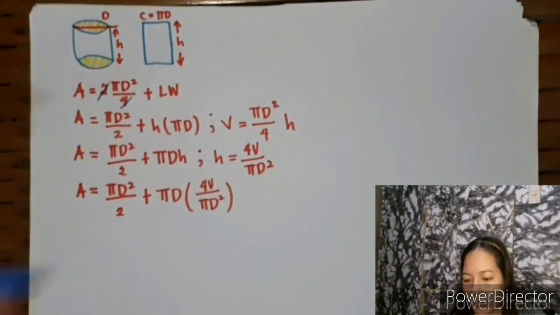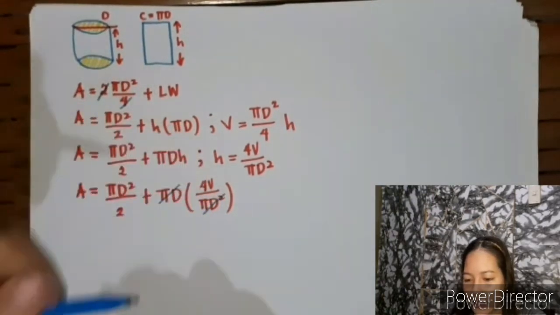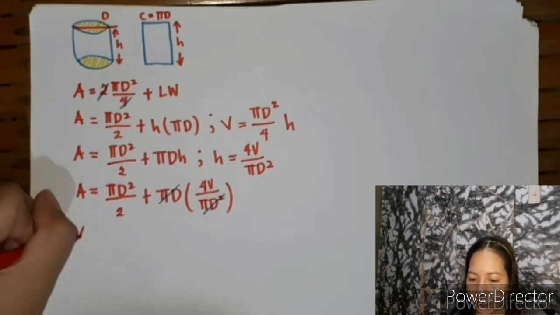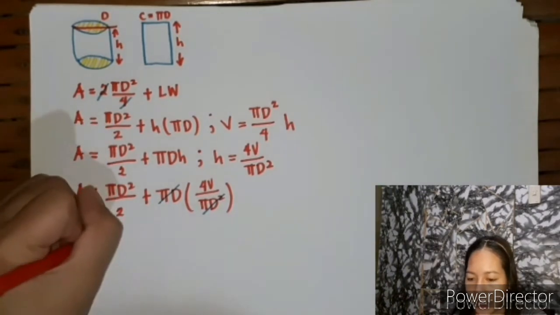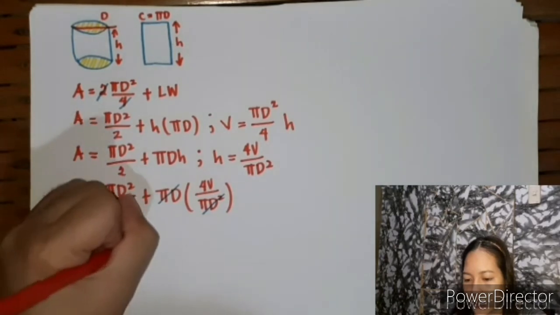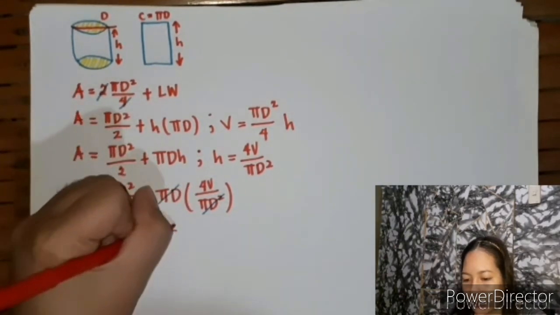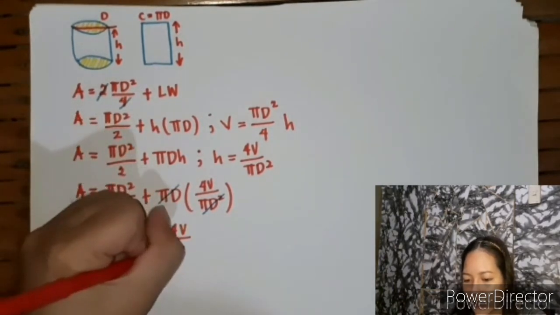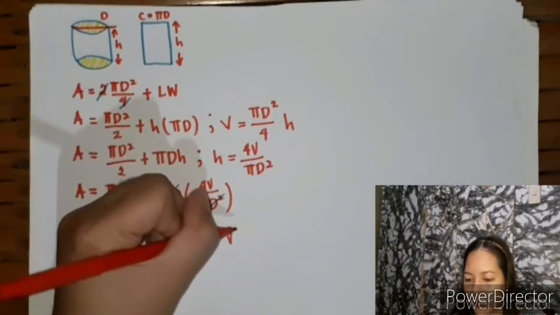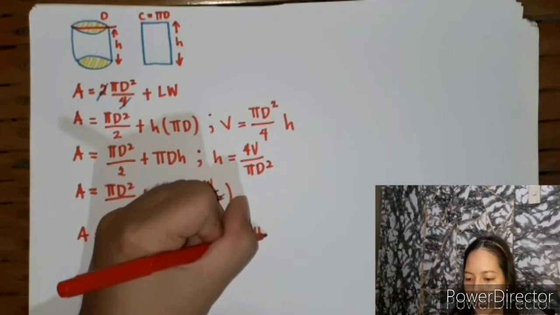Then now we can cancel the pi d, and over the pi d squared, it will become area is equals to pi d squared all over 2 plus 4v all over d. And from our given problem, we have the value of v, which is 11.5.